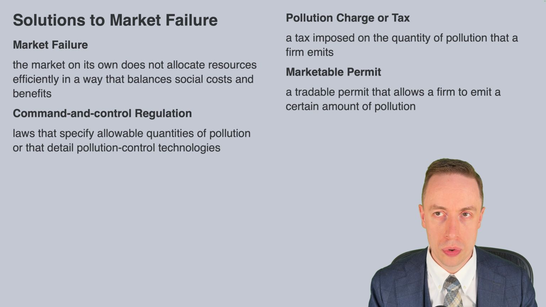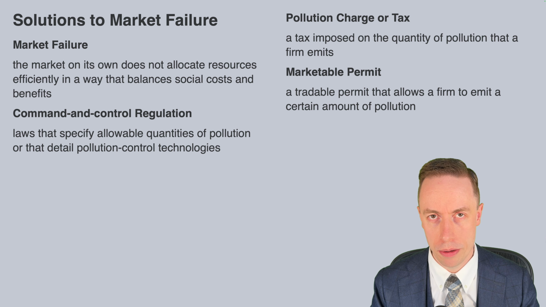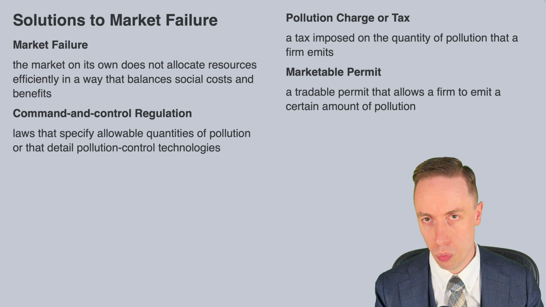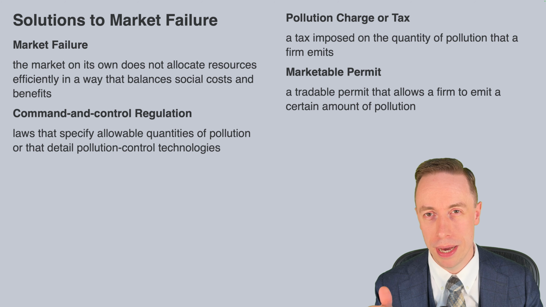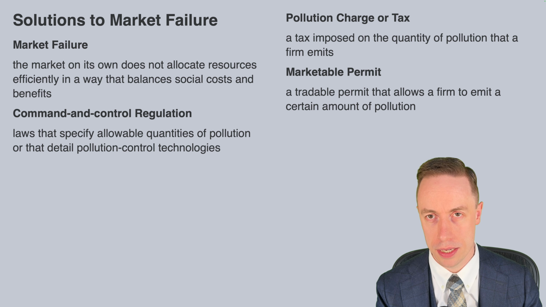The first one is referred to as pollution charges or pollution taxes. And it's a very different perspective on the problem. Here we're saying you can emit the pollution you want, but every bit of pollution you do, there is a penalty tax associated with it, sort of an excise tax.